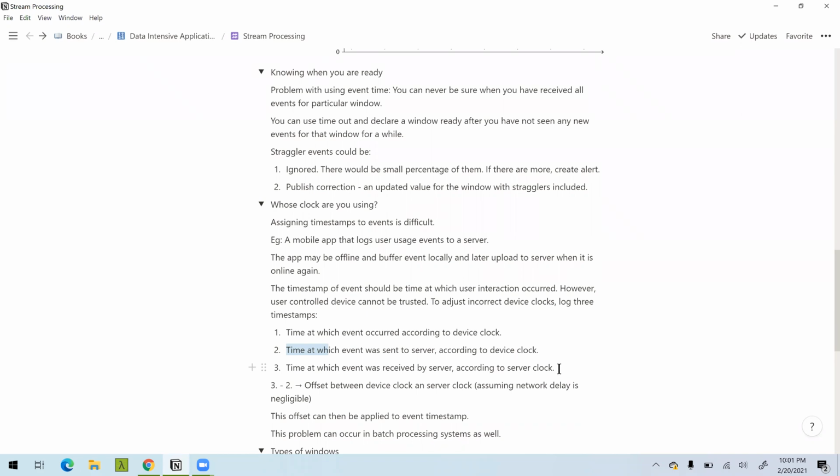Another thing is that whenever this event was recorded, between 1 and 2, if the user makes a change to his clock again, then it will also send an incorrect value.